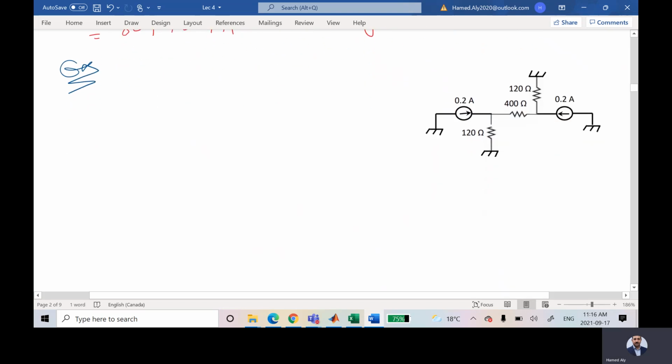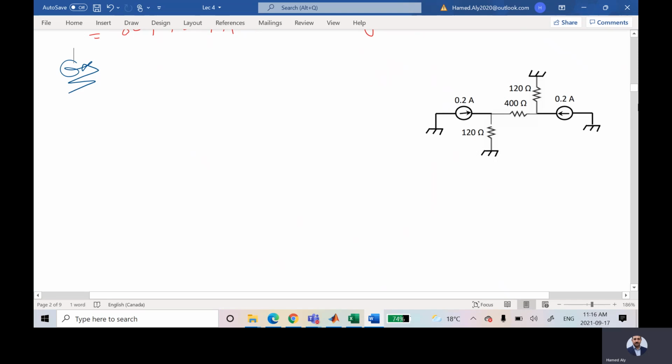If you look at this problem, this point and this point and this point and this point are connected. How did I know? Because I told you this is the ground and all of them are connected to the same point. Even if I don't know that this is the ground, I have the same picture or the same feature for all of these.